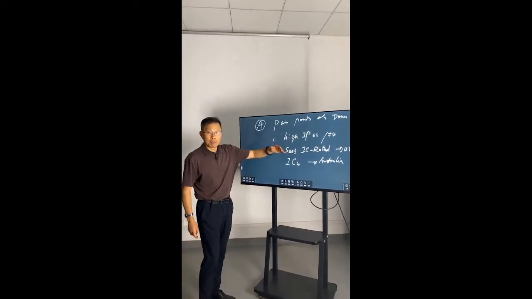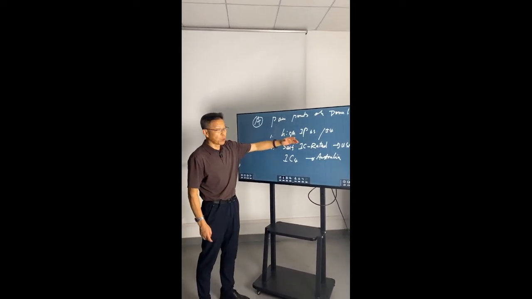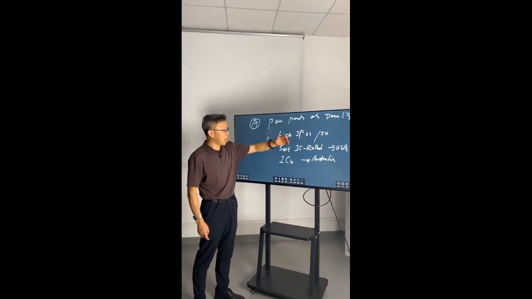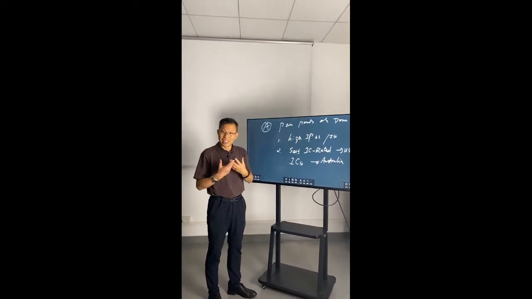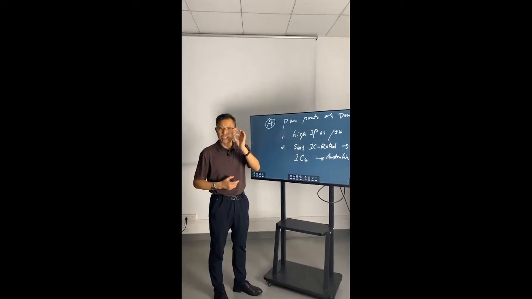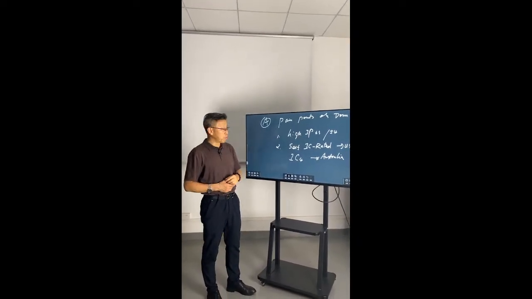Number one, people need high IP grade downlight, IP65, IP54. In the Delta family, we have IP65 and IP54.